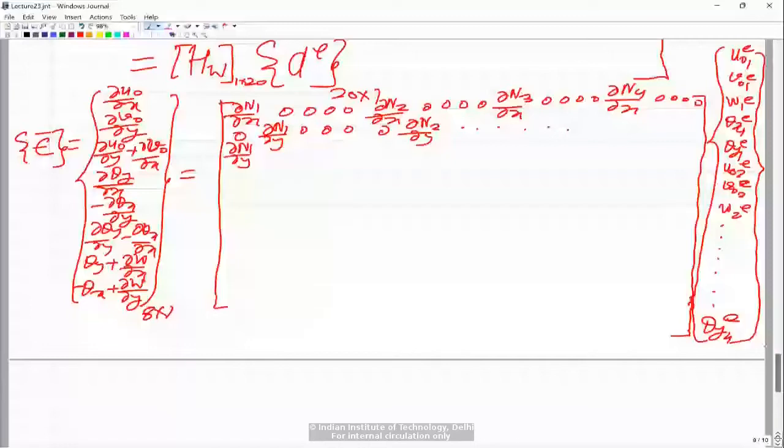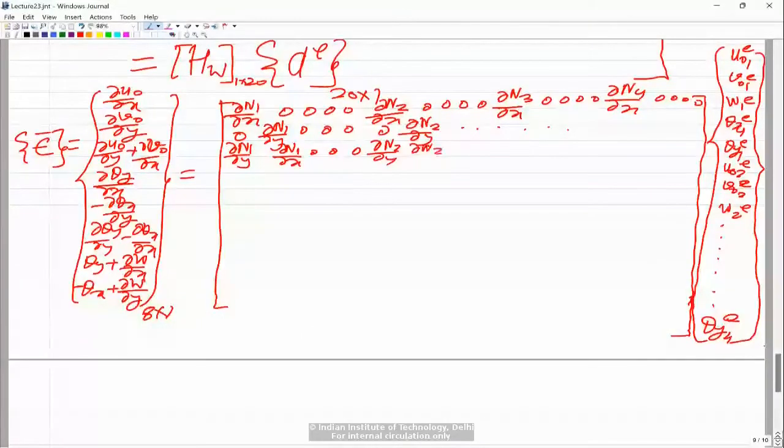So we will have del n1 by del y and del n1 by del x, and then 0 0 0, and similarly del n2 by del y and del n2 by del x, and then 0 0 0, and so on.